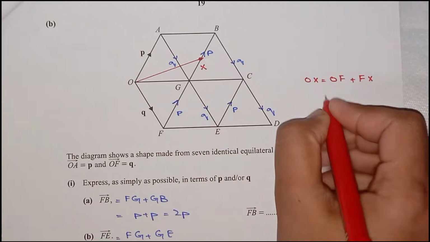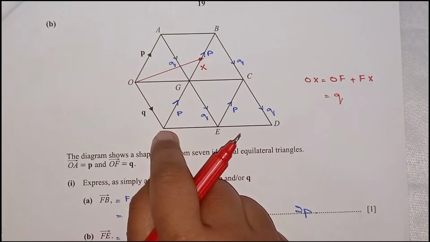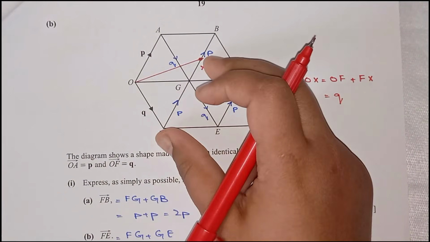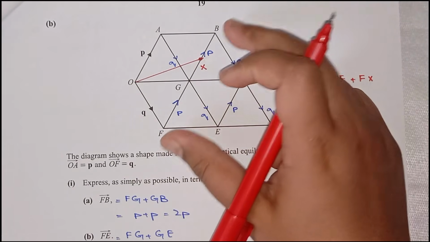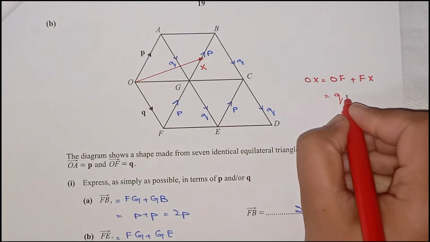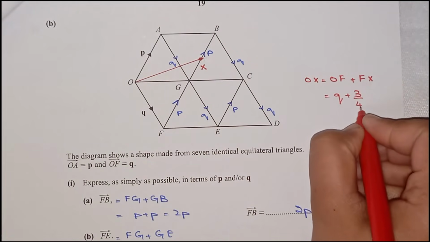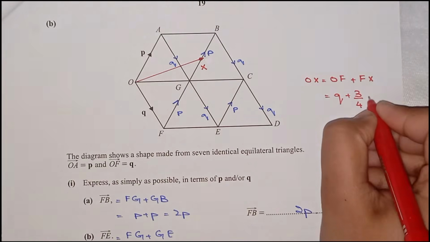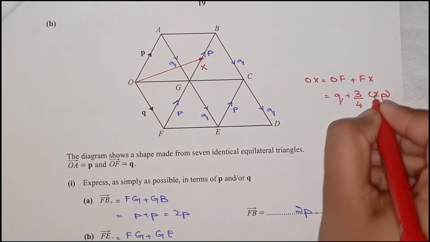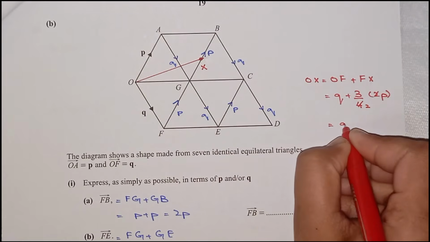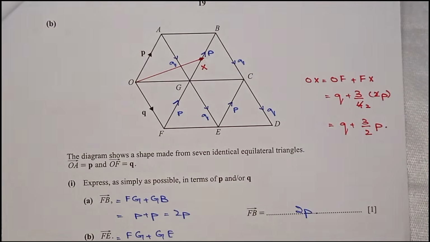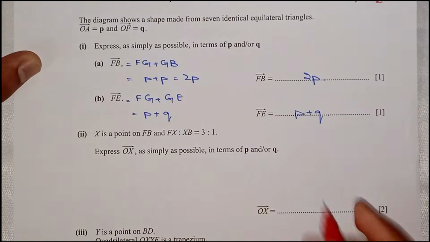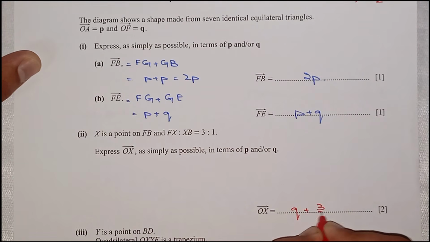OF is vector Q, and F to X is 3/4 of FB, that is 3/4 of 2P. 2 times 1 is 2, 2 times 2 would be 4, so it would be Q plus 3/2 P. So the answer for OX is Q plus 3/2 P.